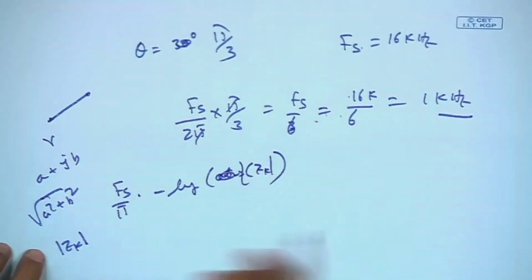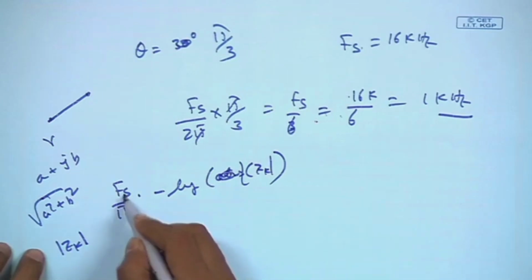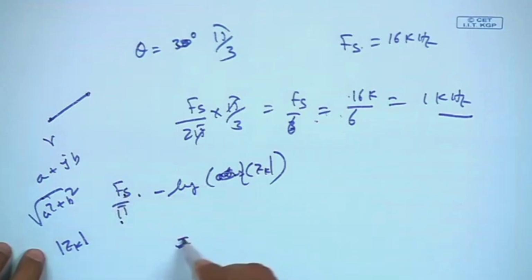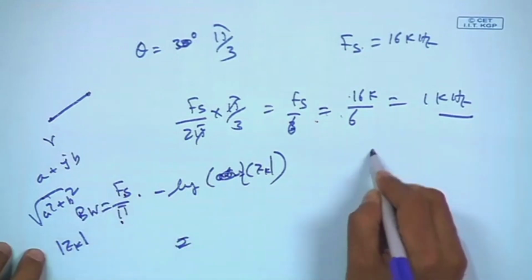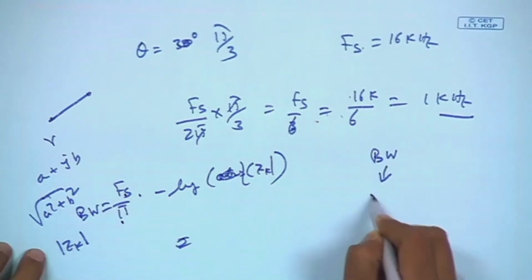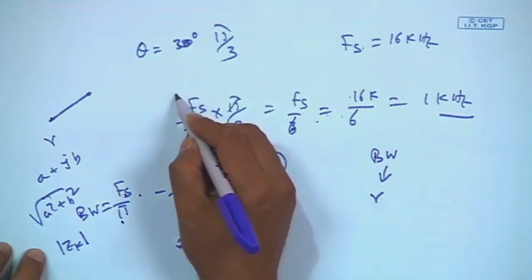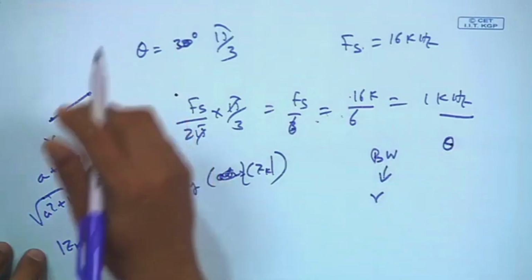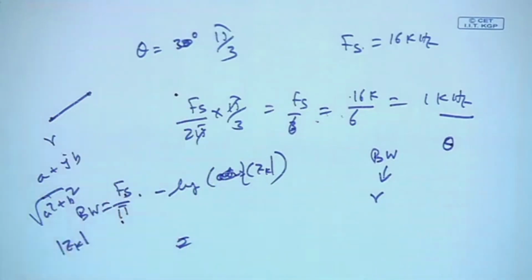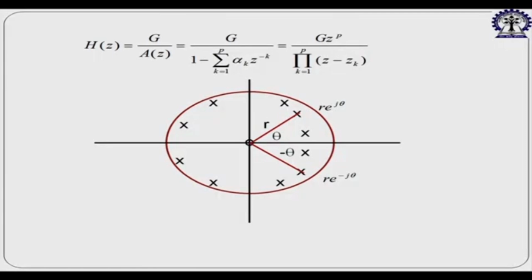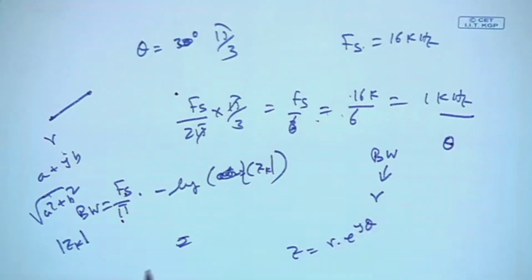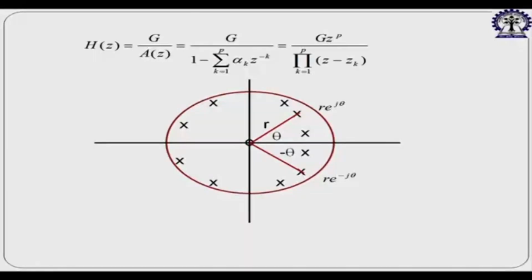So, if I know the r value and the sampling frequency, and pi I know, I get the formant bandwidth, or vice versa. If I know the formant bandwidth, I can find the value of r. If I know the formant frequency, I can find the value of theta, then derive the transfer function, because z is r into e to the power j theta, or you can use the r theta equation in the tube model.